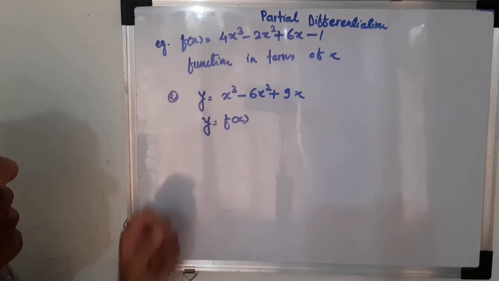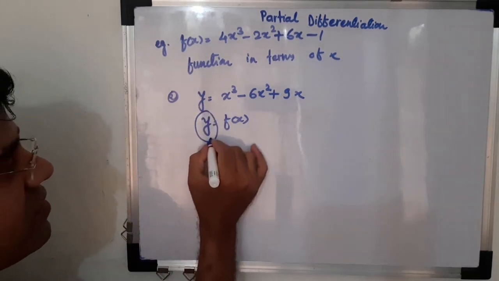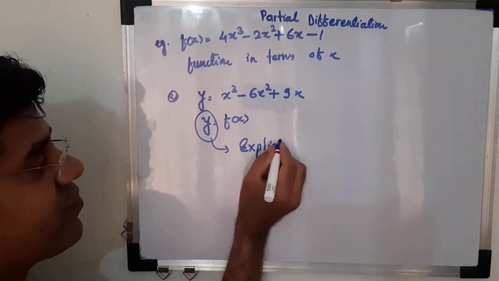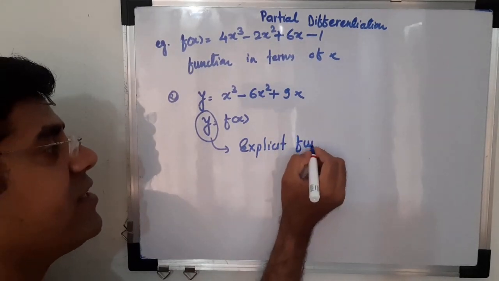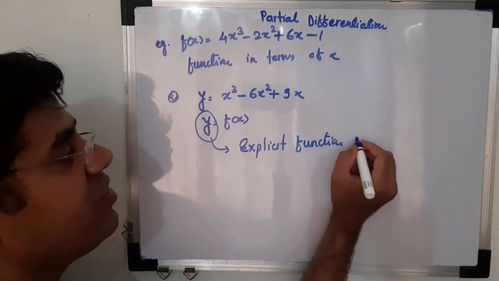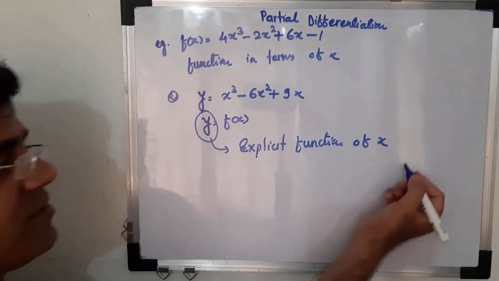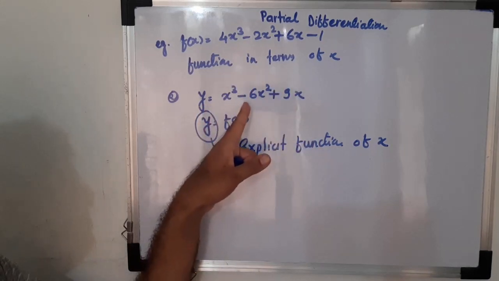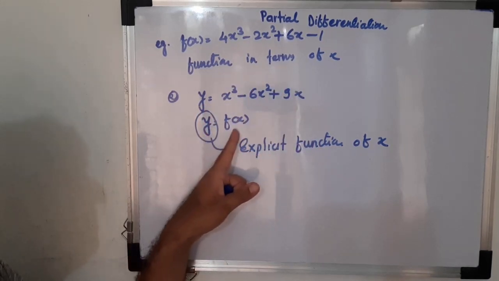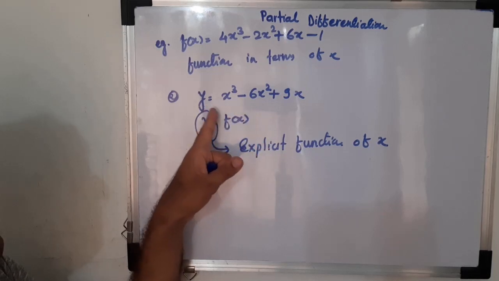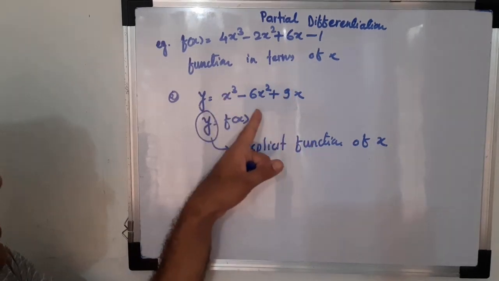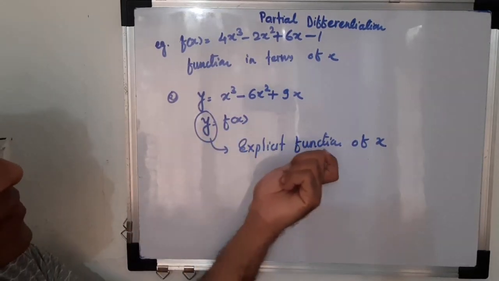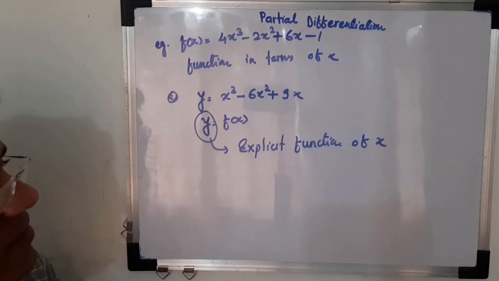So this y is called the explicit function of x. Means in this case y is separable from x. Okay, so y is a function of x, and given y is easily separable from x, such a function is called an explicit function of x.